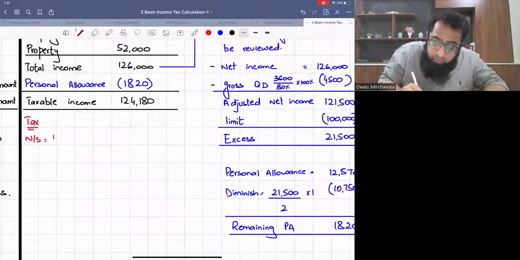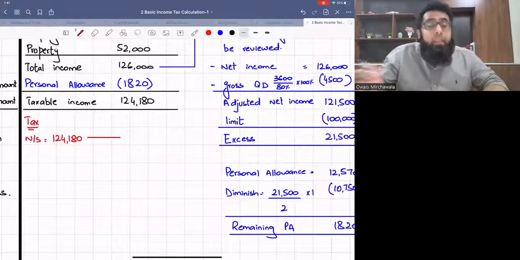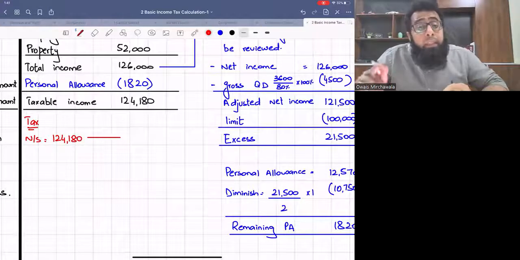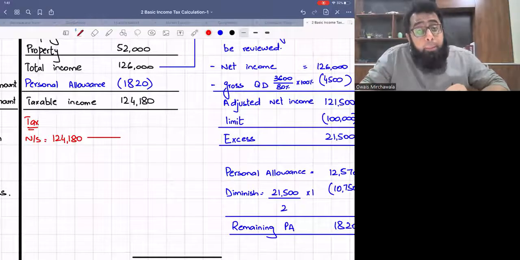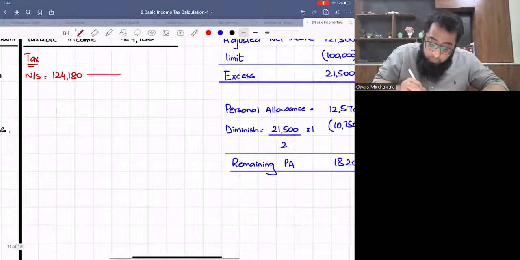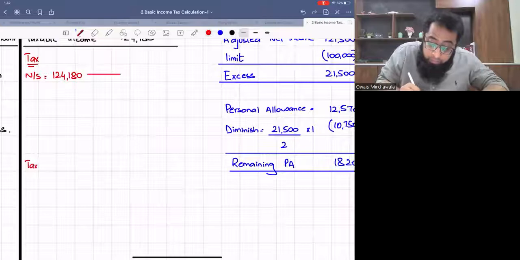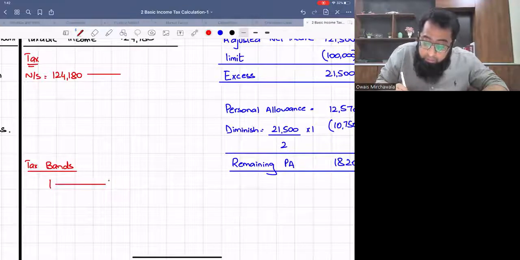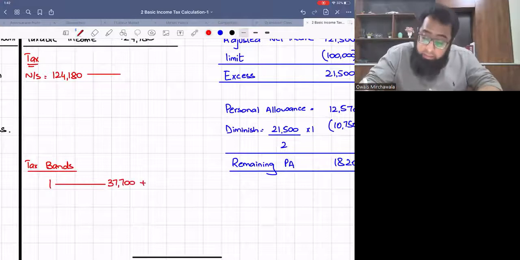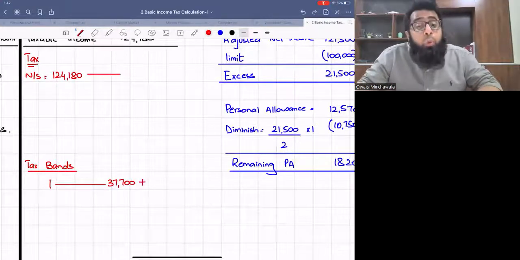Your non-saving income is 124,180. Now, normally the basic rate band is 37,700. But here your tax bands will get revised. Normally, your tax band is still 37,700, but this band will get extended due to gross qualifying donation.